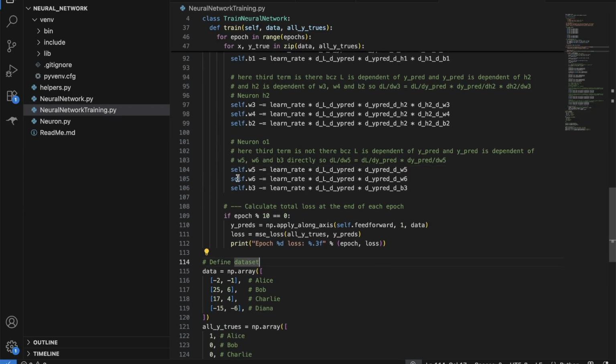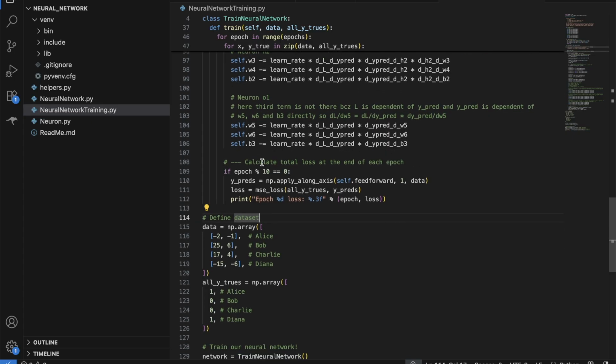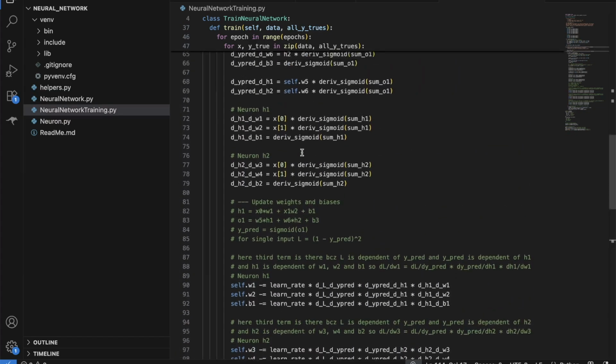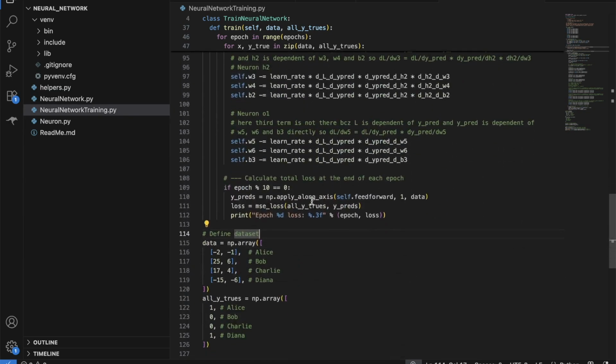Okay, so after adjusting our weights and biases according to the derivative of loss, we just run our neural network again on the same input. As this is a loop, 1000 times the same operation will happen. I'm printing every 10 epochs the result of all my y2s and y prediction.